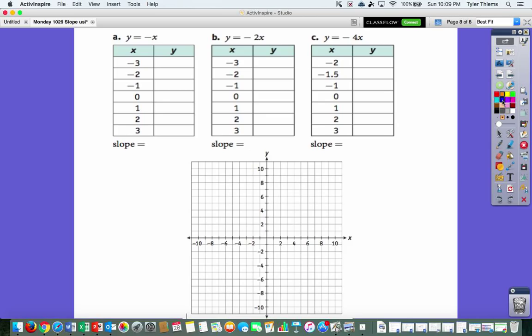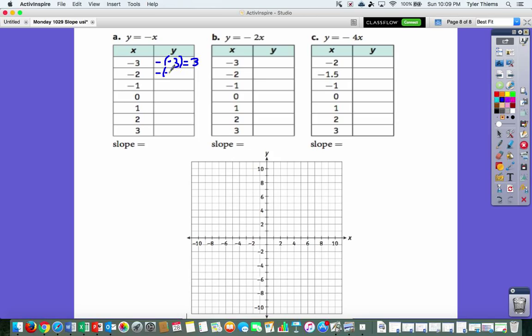For this last one here, we have 3 more equations given to us. We have our x terms and our y terms. A is different because y is equal to negative x. So if x is negative 3, that would mean y is equal to positive 3.